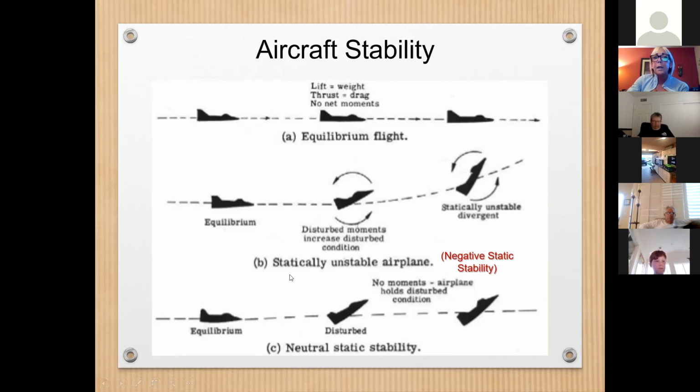With this plane, we have a neutral static stability on the bottom. So we disturb the plane, and it just continues in that same disturbed state. And the one at the top is the one that we want. We want to be able to disturb the plane, have it come back, disturb the plane, have it come back.